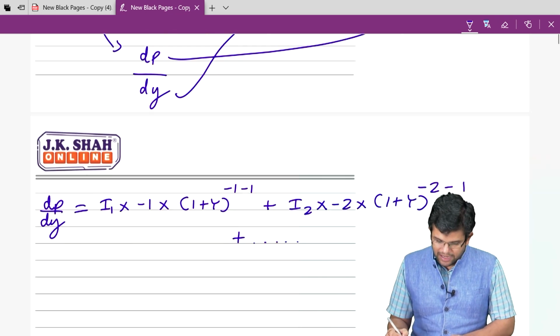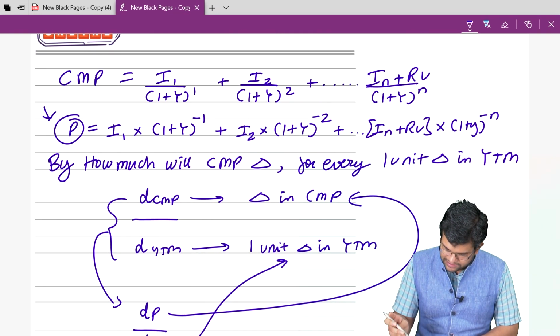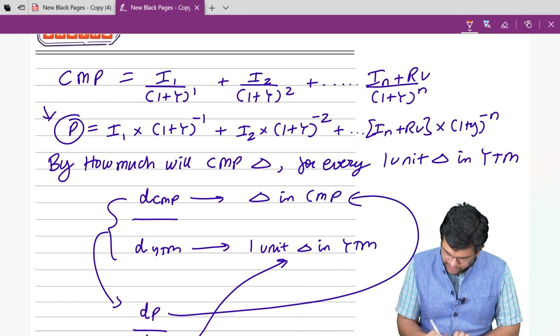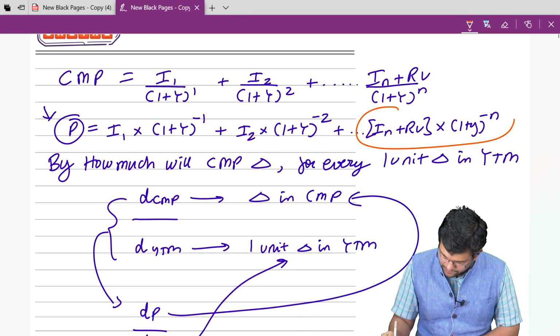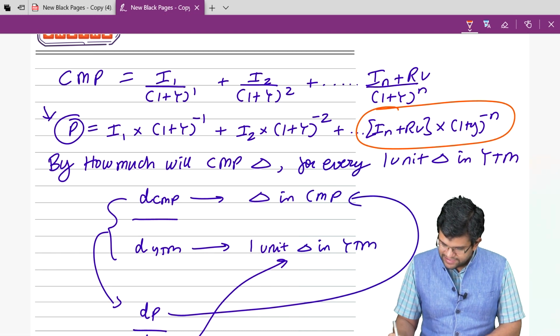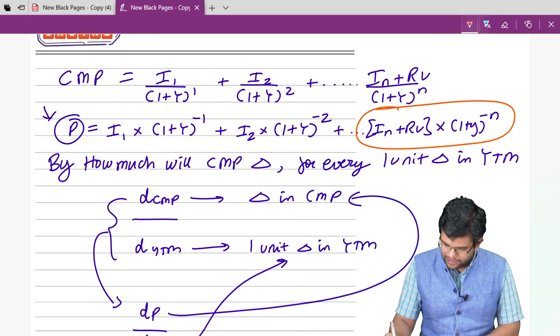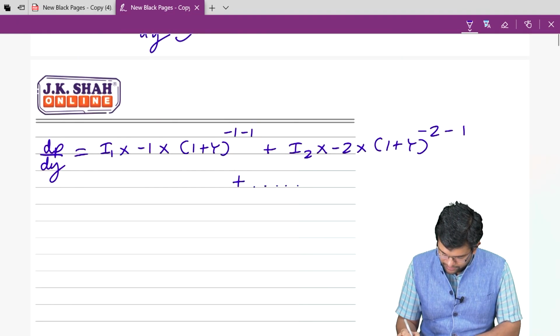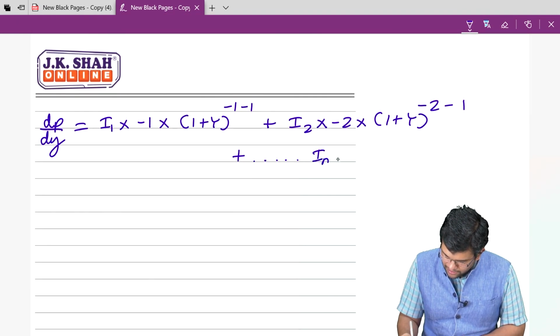So children, the last term we will take now. The last term is this one. I'll mark it for you, children. This term is the last one. So tell me students, what to do here? Children, do you realize that in plus Rv will remain the same? So I'll write down here plus in plus Rv, this won't change.